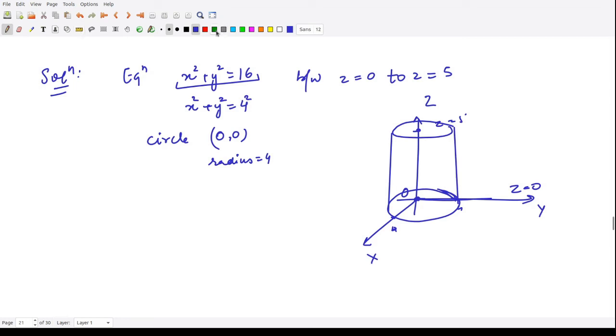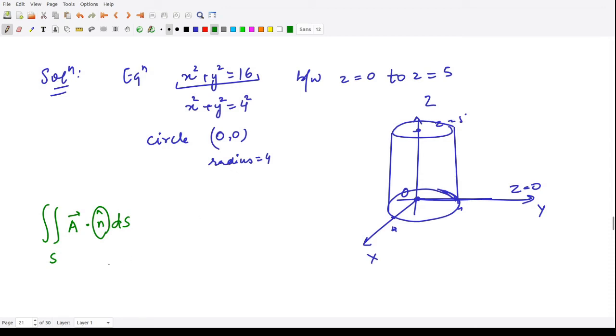Now what we are to do, we are to calculate this surface integral of A dot n vector dS, right? So first of all we require this n vector and then we will require the projection of this vector.